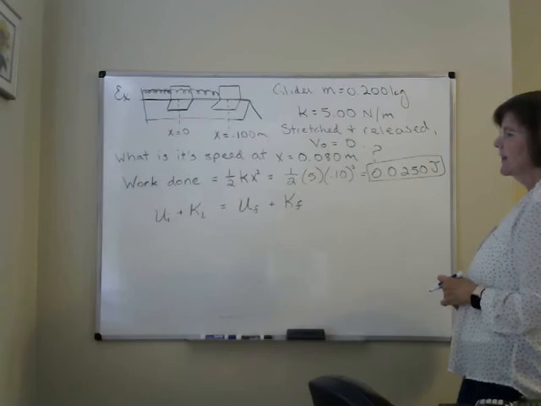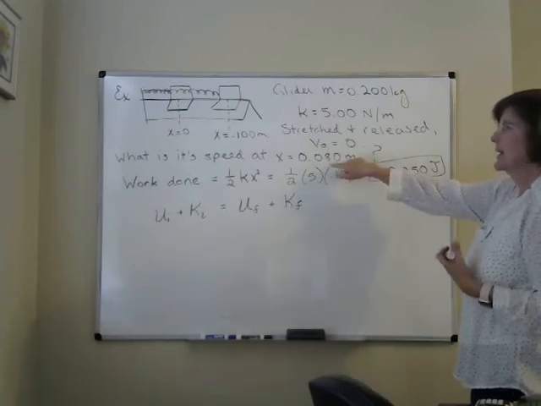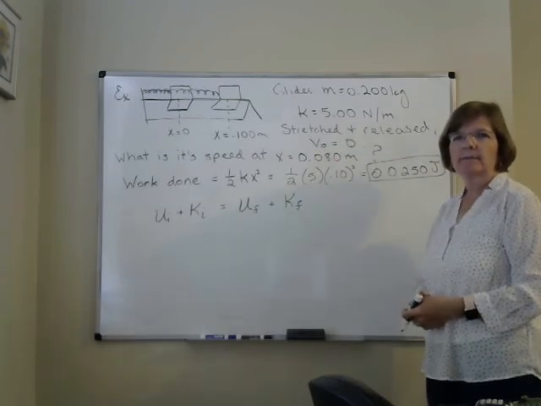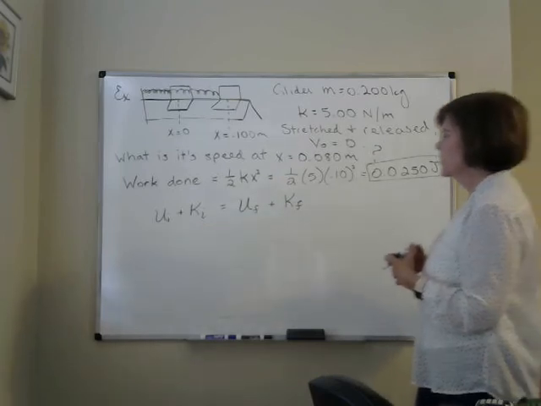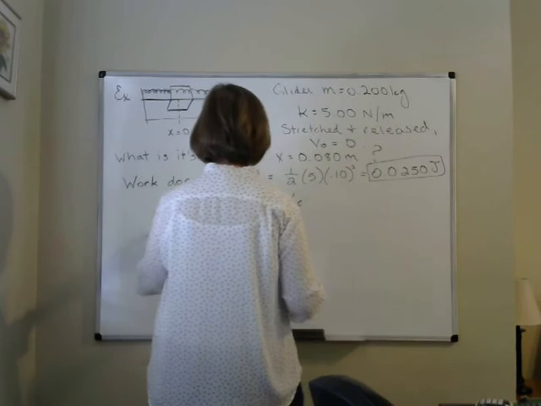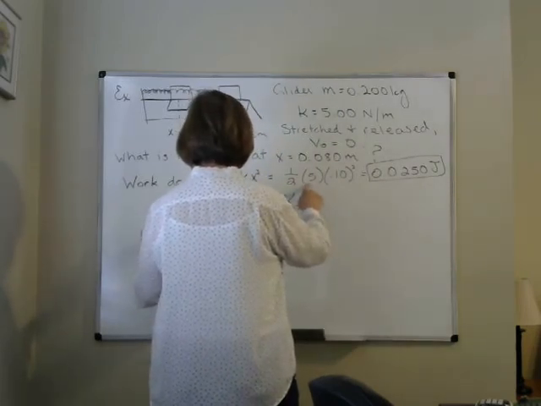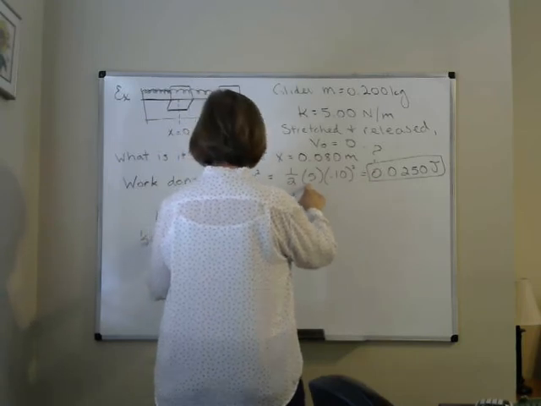All right, in this case at 0.08, it's going to have both potential and kinetic. Right? So let's just plug in our information. We start with an initial potential energy of 1/2 kx squared, which we've already calculated.